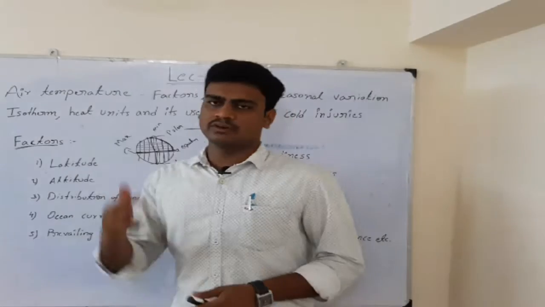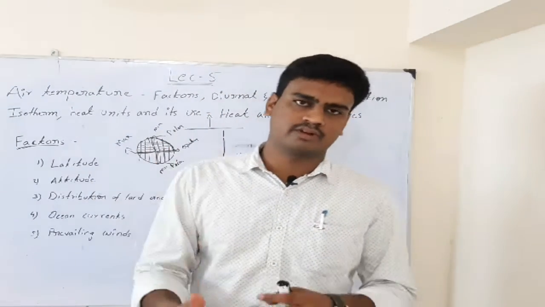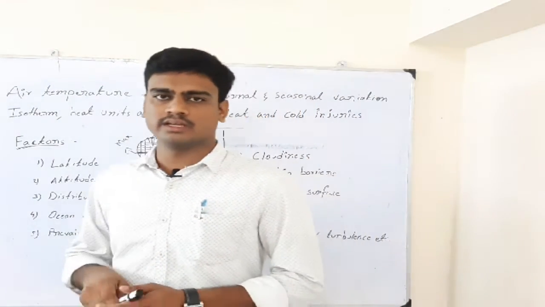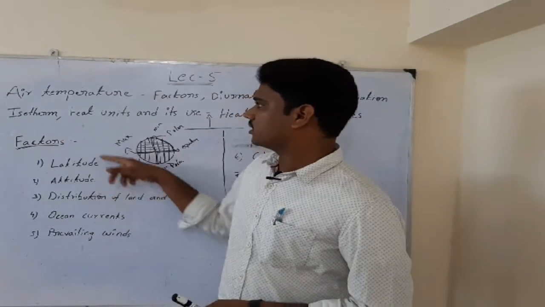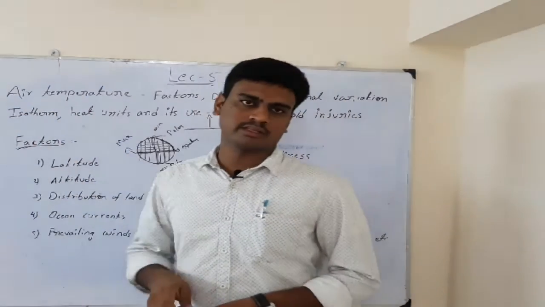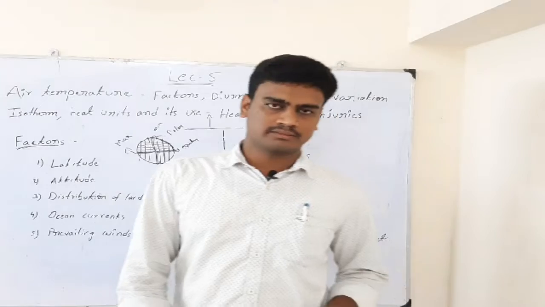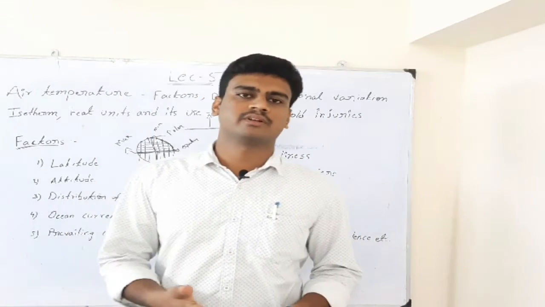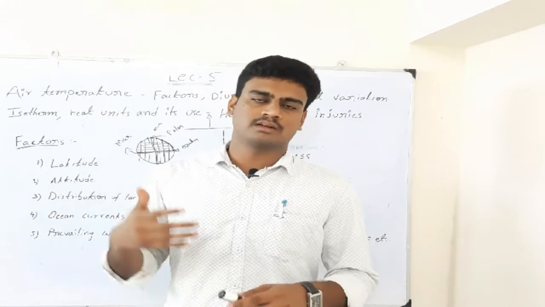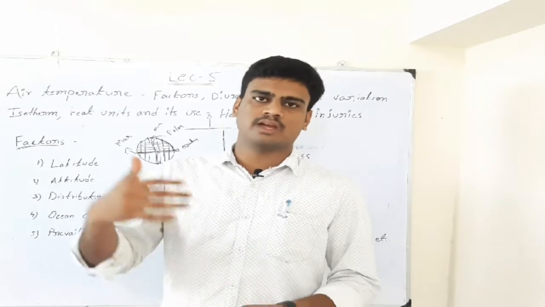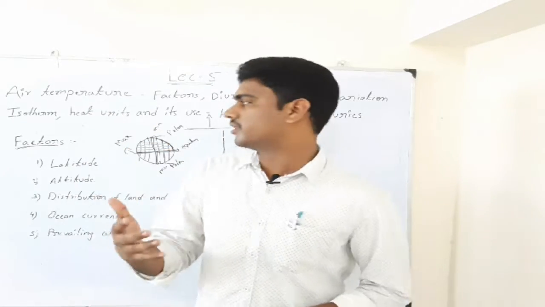So the more we go into the atmospheric regions, from one region to another region, we can see the fall of temperature. That also is one of the factors where we see different temperatures in the air. That means in the troposphere the temperature will be high, and it changes again when we go to the stratosphere or mesosphere. Likewise, when we go from one sphere to the other spheres, temperature will vary.